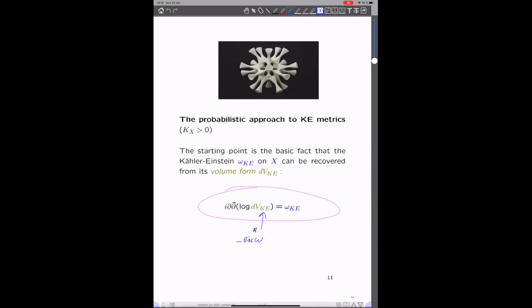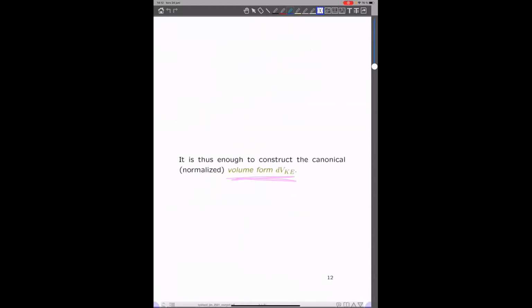So this is how you get back the metric from the volume form, by just differentiating the log twice. Okay, so that's good. That means that we can really focus on the volume form, try to reconstruct the volume form, because then we easily get the metric as well. So that's what we're going to do. We're focusing on the normalized volume form of the Kähler-Einstein metric and try to reconstruct that from the algebraic structure.